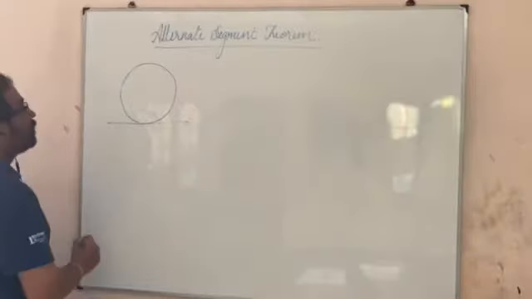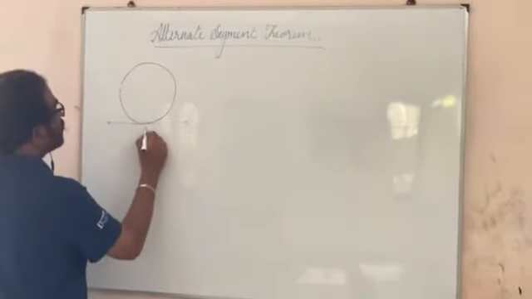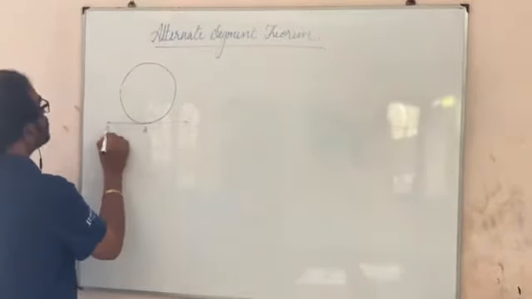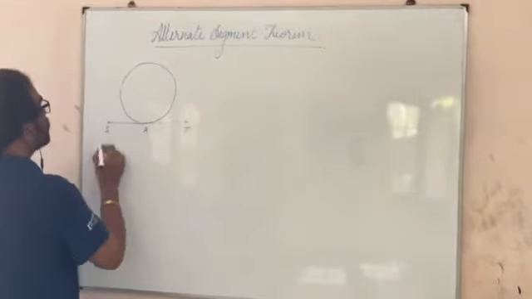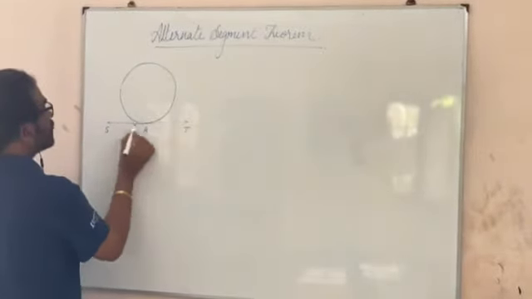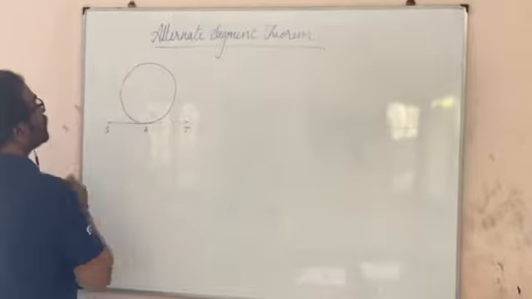Let the point of contact be A. I take this as S and this one as T. So SAT is a tangent to the circle at the point A.